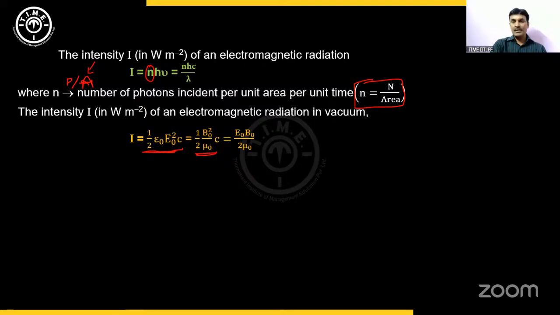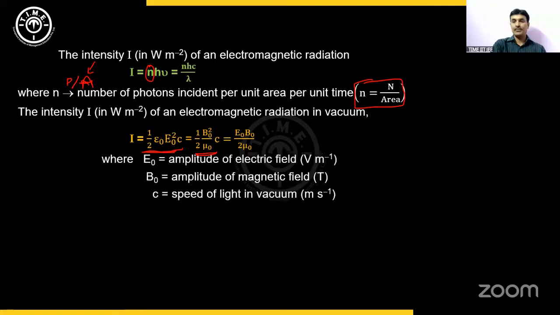Remember here the ratio of E naught to B naught is the same as the E RMS to B RMS ratio. So in this equation, E naught is the amplitude of the electric vector measured in volt per meter. B naught is the amplitude of the magnetic vector measured in Tesla. c, as usual, represents the speed of light measured in meter per second. Okay.